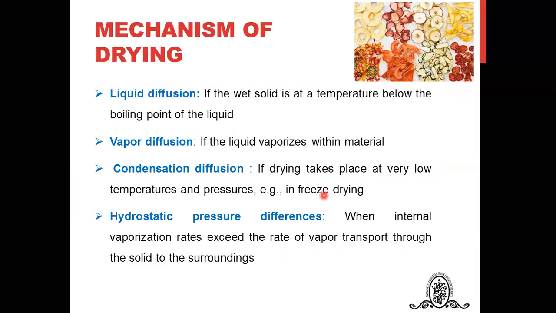And if drying takes place at a very low temperature and pressure, for example, freeze drying, for that we can say condensation diffusion takes place. And when the internal vaporization rate of a material exceeds the rate of vapor transport through the solid to the surrounding, then the hydrostatic pressure difference is used for the drying.